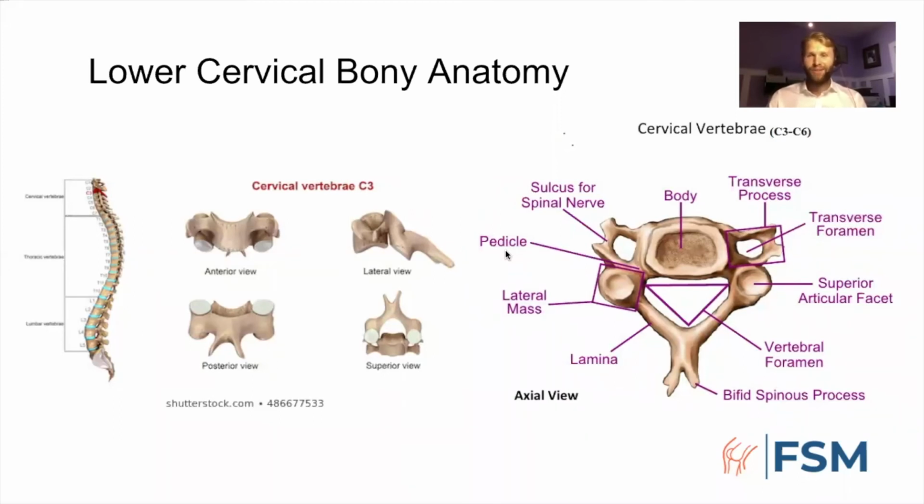Moving on to the lower cervical bony anatomy, C3 through T1 all appear somewhat more similar to one another, where we can see more of a classic body structure with the superior articular facets, the transverse foramen again for the vertebral arteries, and then the vertebral foramen for the spinal cord.